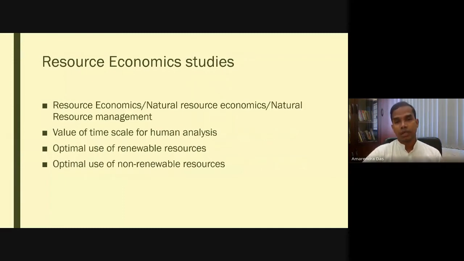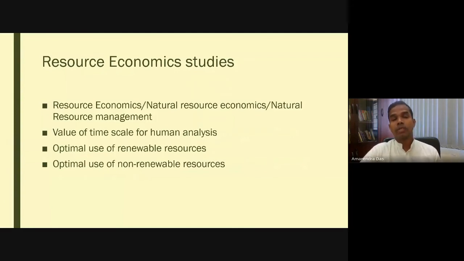Then comes resource economics. Resource economics has also emerged as a completely independent discipline, and there we study the use of renewable and non-renewable resources. We should remember that all resources have a time value, and traditional economic analysis did not account for the time scale.